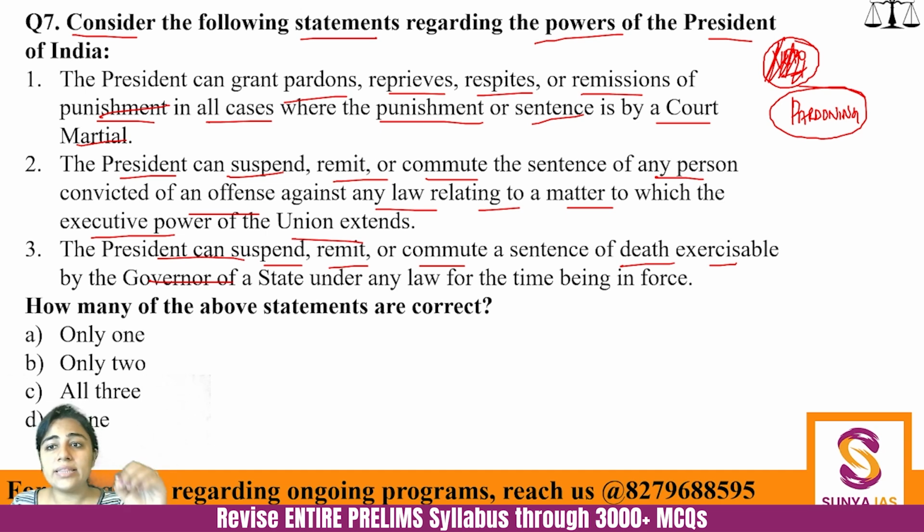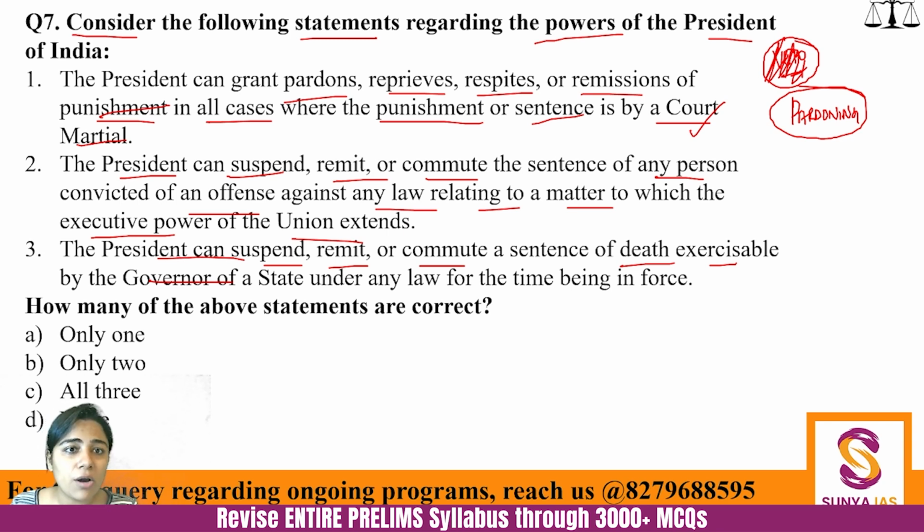Now, one thing, the pardoning power of the Indian president is very extensive. So the first statement is absolutely correct, that even if a crime is for the court martial, only the president of India has this power, that he or she can actually pardon that particular sentence.